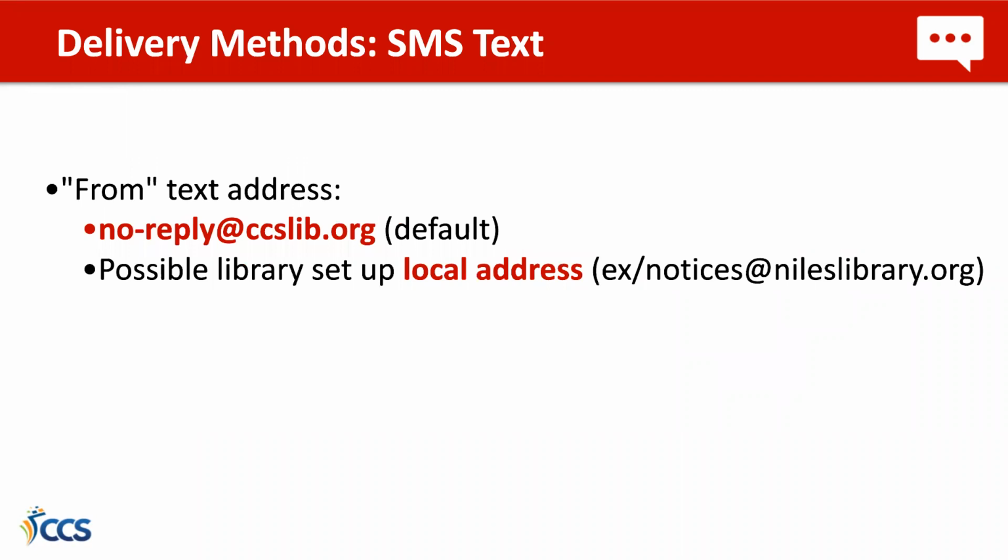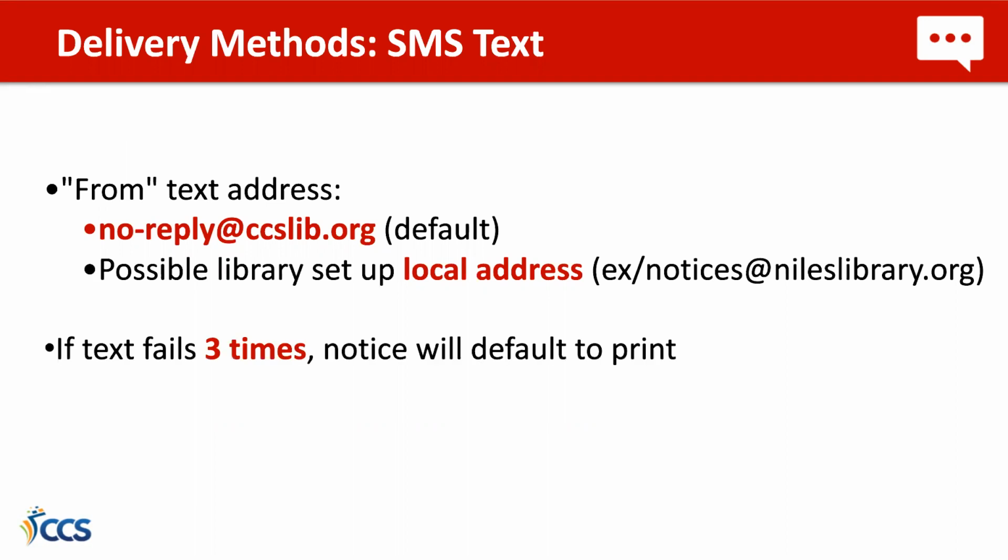Similarly, by default, texts appear to come from no-reply@ccslib.org. And again, if your library set up their own notice address, their local address, it will appear to come from that local address. And just like an email, if a text message errors out after 3 tries, it's going to default to print.